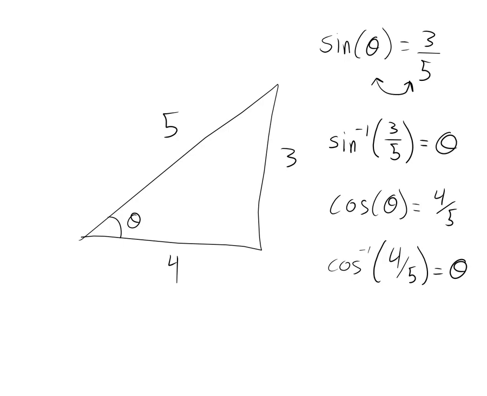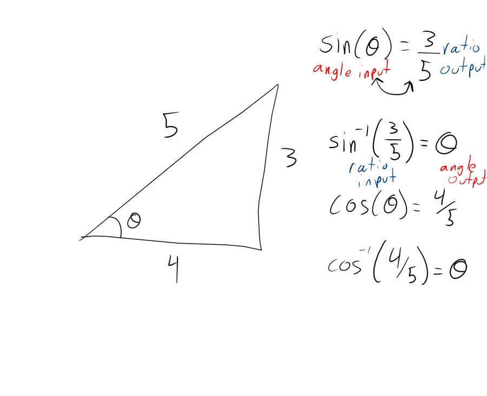So the idea is, whereas sine takes an angle as an input and associates that with a ratio output, sine inverse has a ratio input and an angle output.